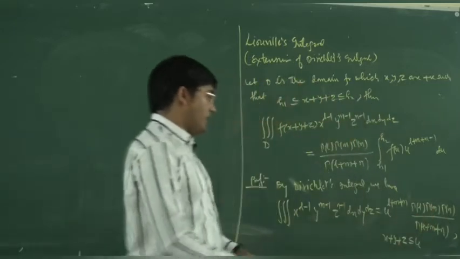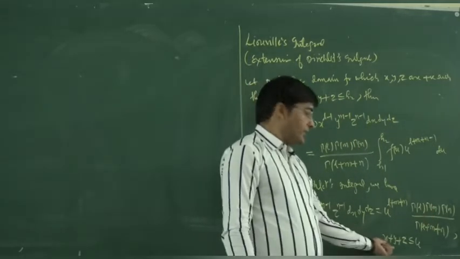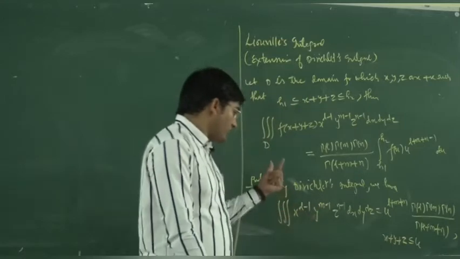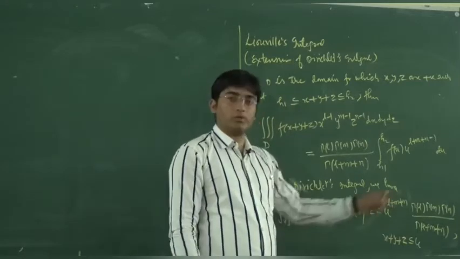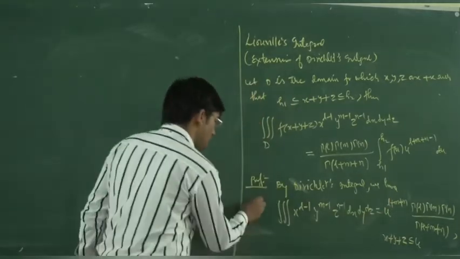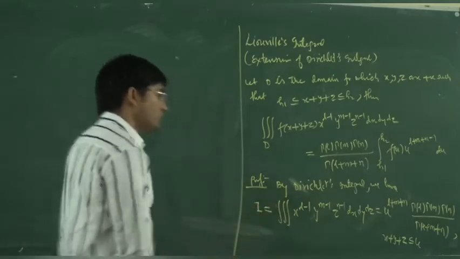So if x plus y plus z is less than or equal to u, then the value of this triple integral is equal to this one. And let's assume this triple integral as I.